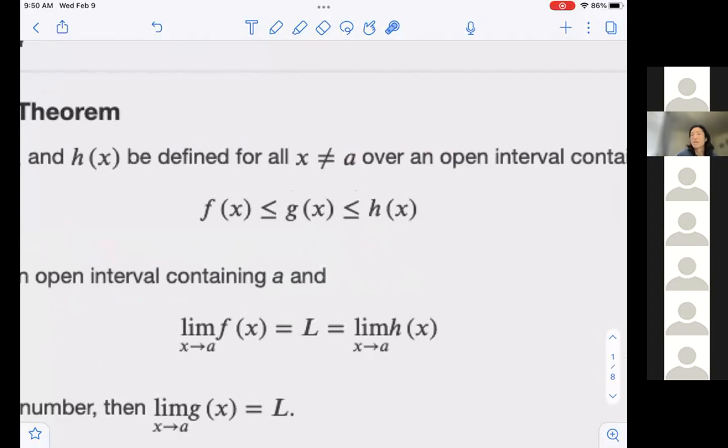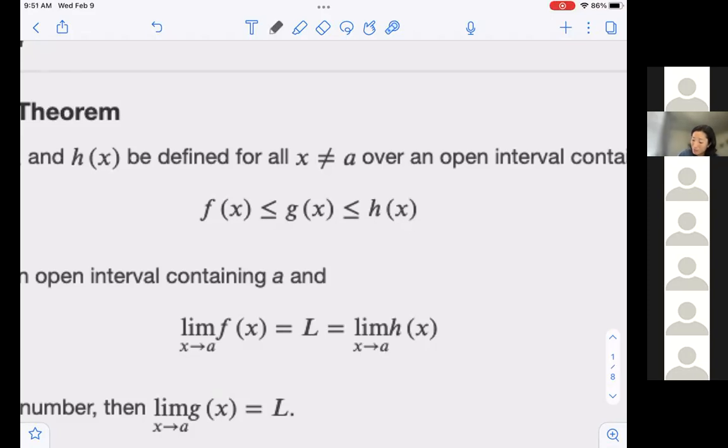Which functions do you think represent the bread and which ones represent the turkey? All right, we've got f and h is the bread, g is the filling. Yes, I would agree with that.